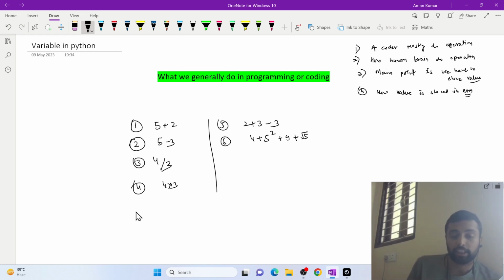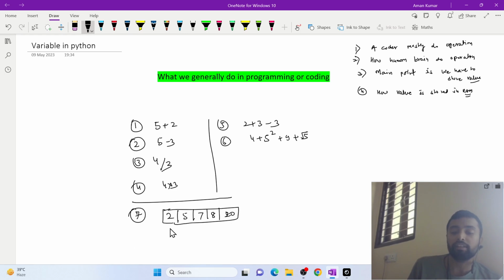Sometimes you will have a list of numbers, a list in which you have a couple of numbers, let's say 2, 5, 7, 8, 20.